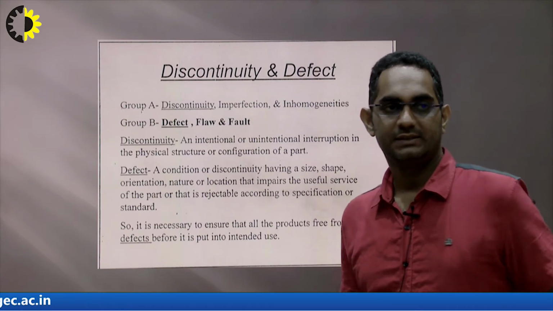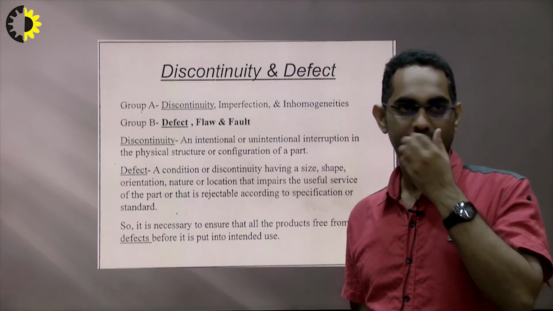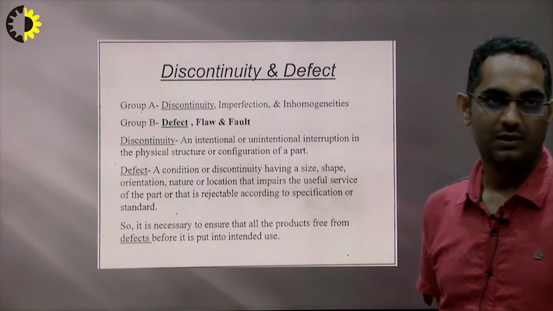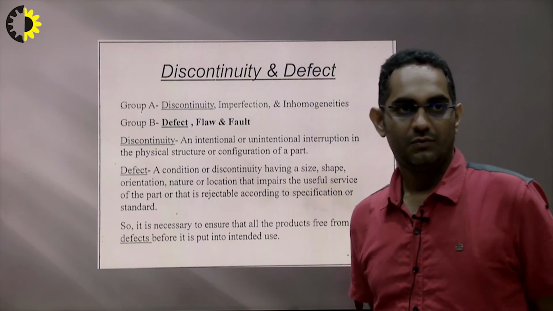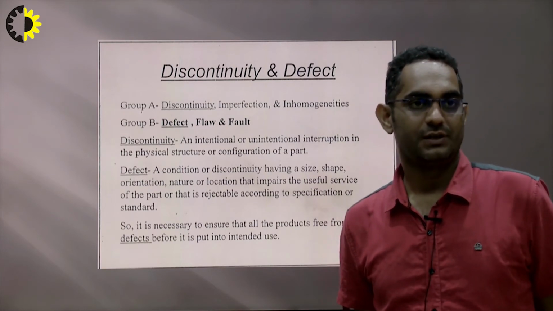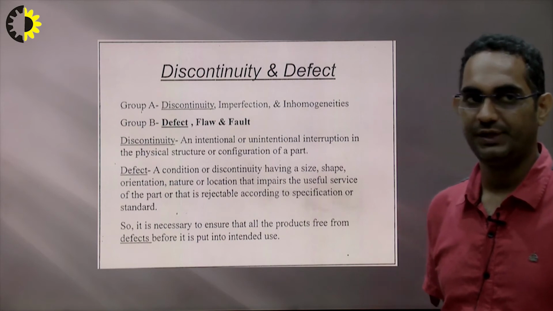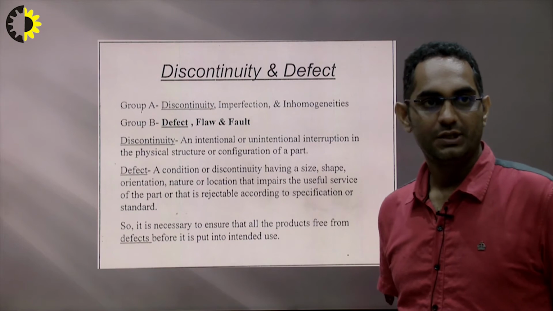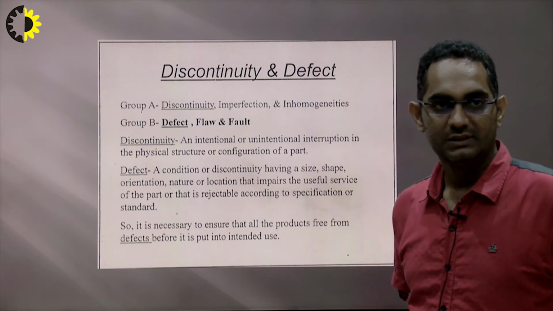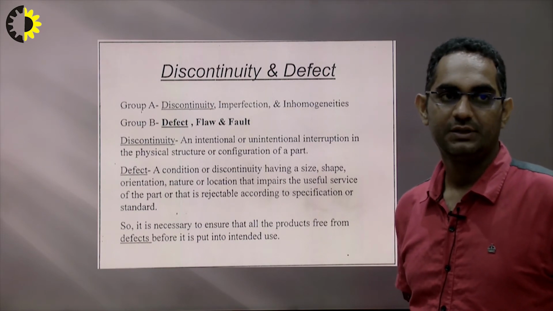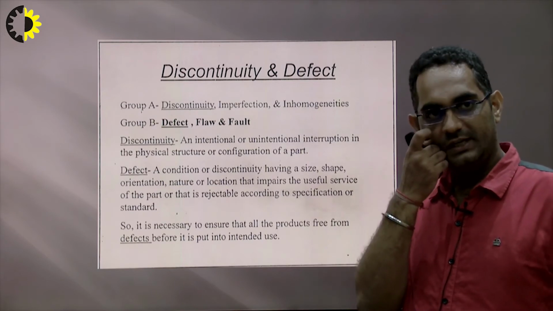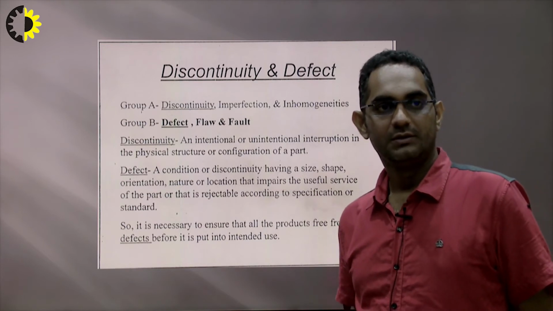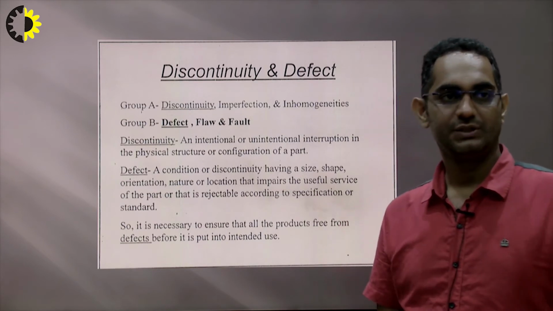Next is the discontinuity. Discontinuity is an intentional or unintentional interruption in the physical structure or configuration of a part. Then a defect is a condition or discontinuity having a size, shape, orientation, nature or location that impairs the useful service of a part, or that is rejectable according to the specification or standard.